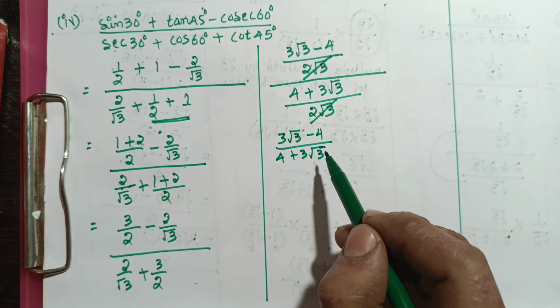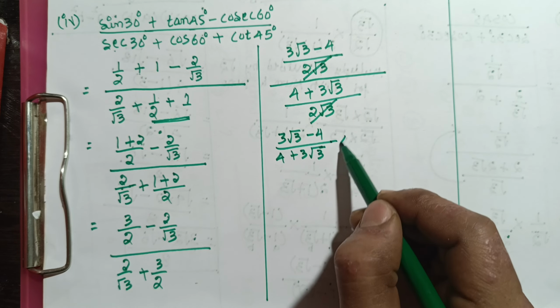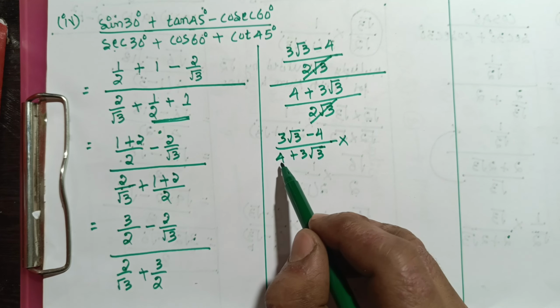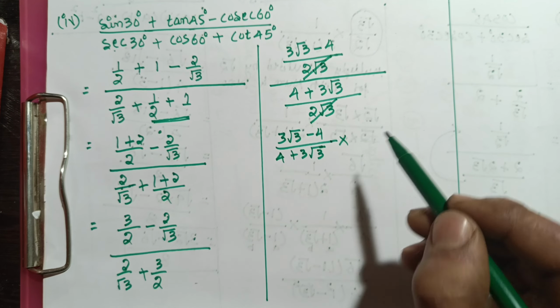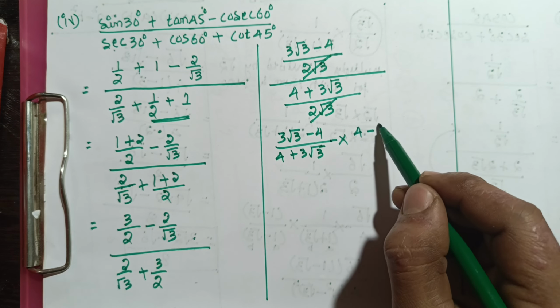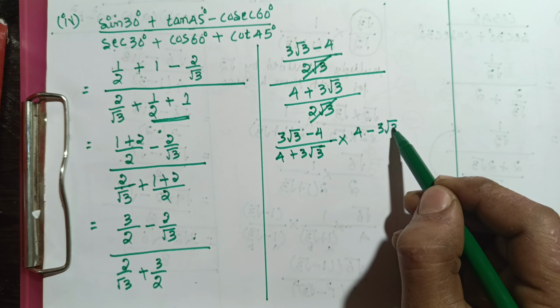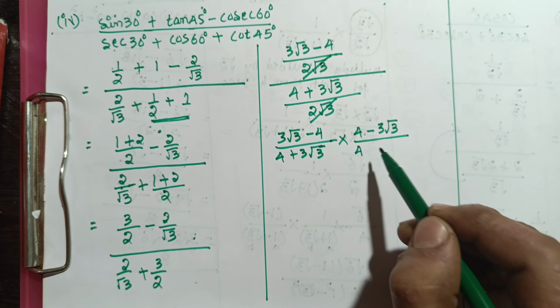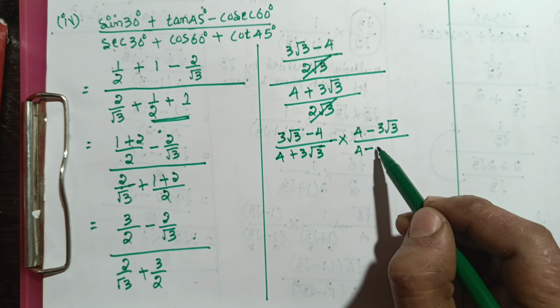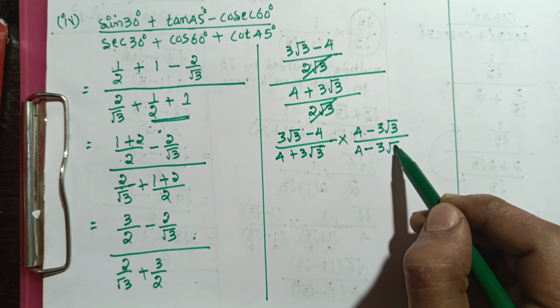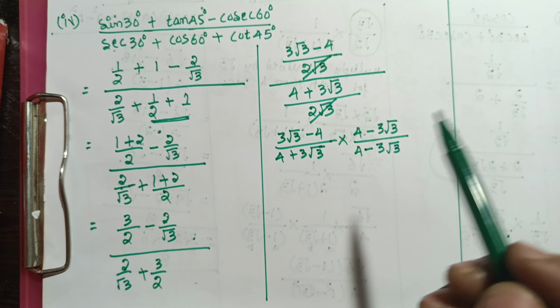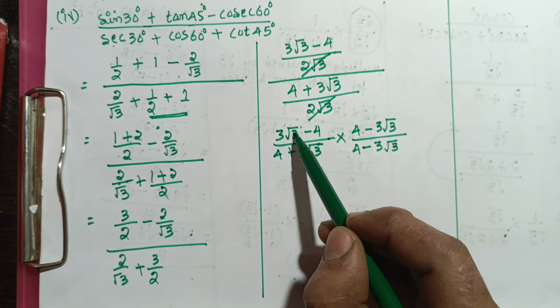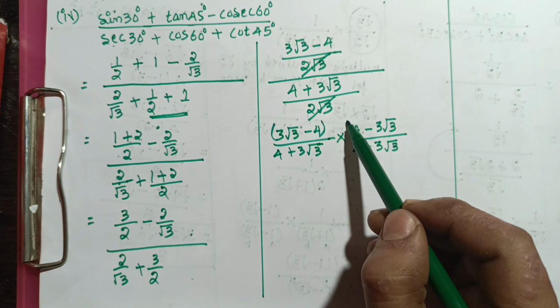So in order to simplify this, I will do the rationalization. So here this sign has to be changed. 4 minus 3 root 3 for both the numerator as well as the denominator. So now I need to multiply this term with this.